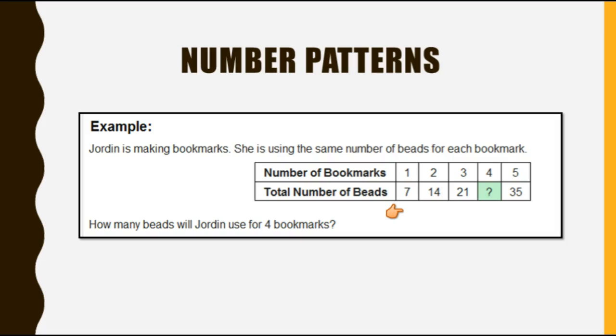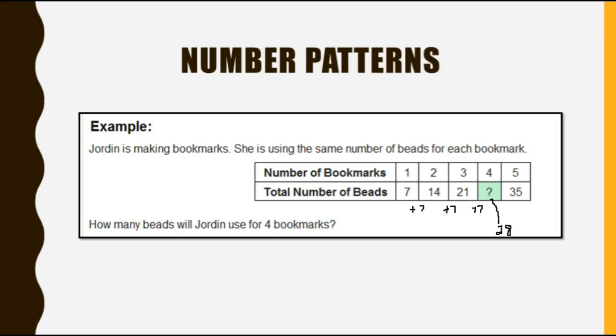There's a couple different ways that you could do this. If you want to look along this side, you could see that you're adding 7 every time. Plus 7, plus 7, plus 7. We would have 28.